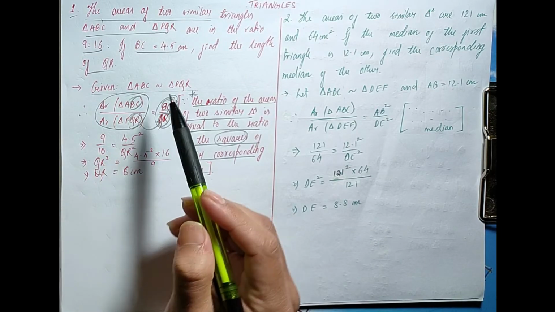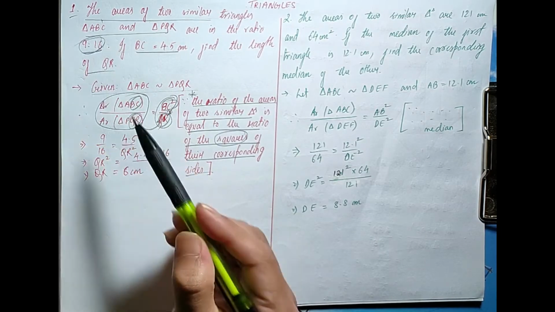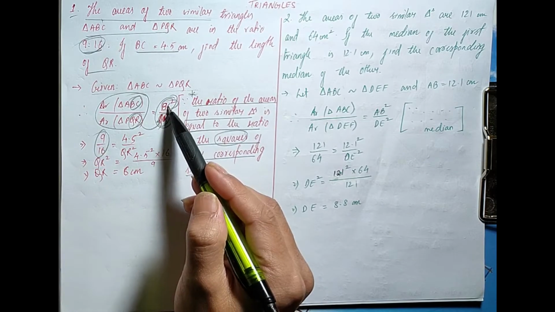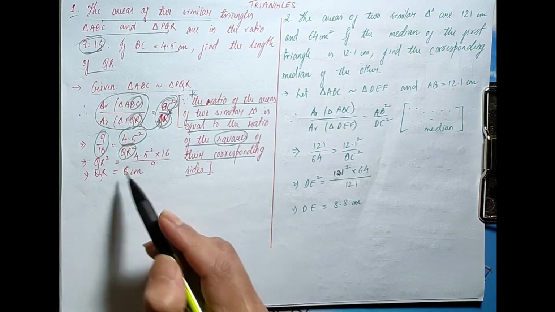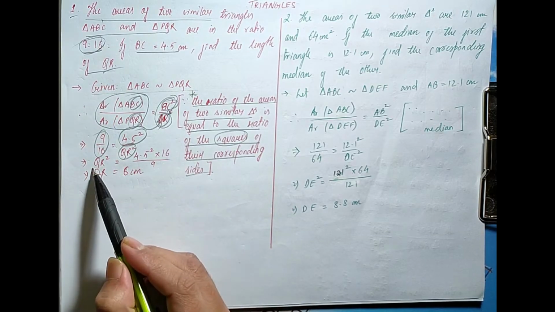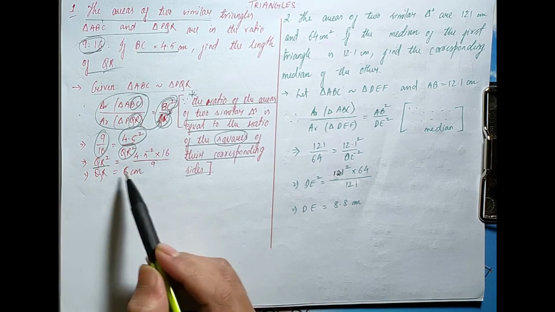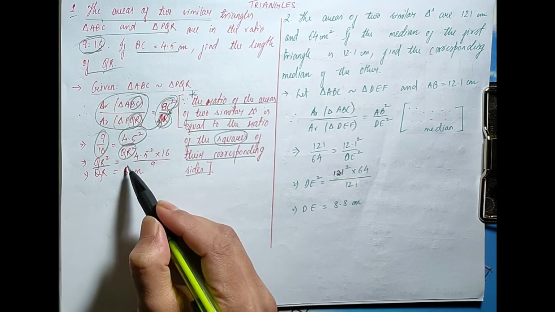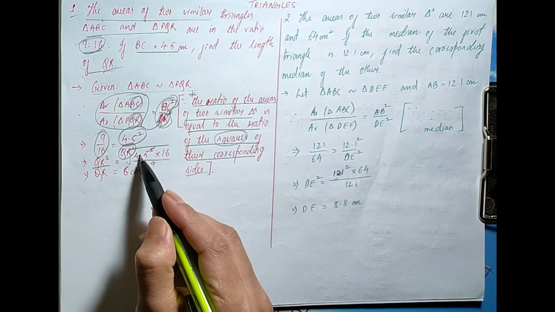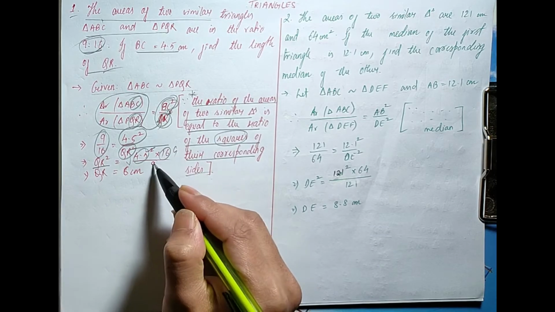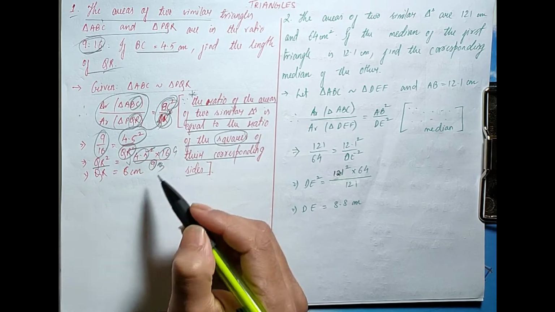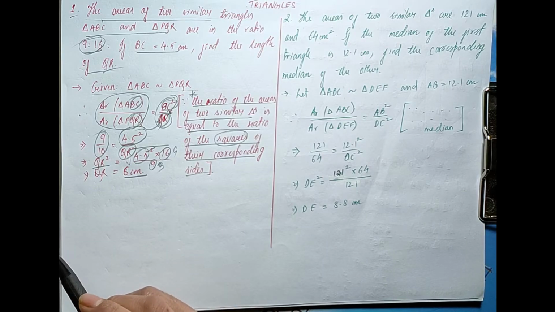Substituting, 9 by 16 is equal to 4.5 squared by QR squared. If you cross multiply, QR will be the square root of this, so it will be 4.5 times 4 by 3, and if you solve this you get 6 centimeters.